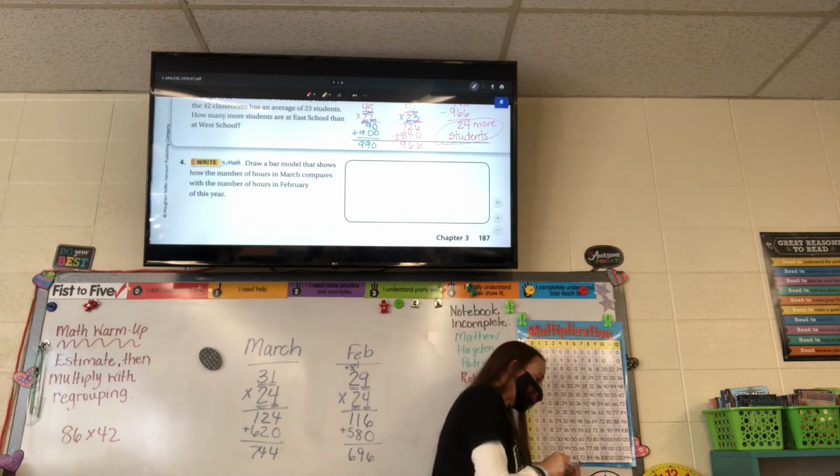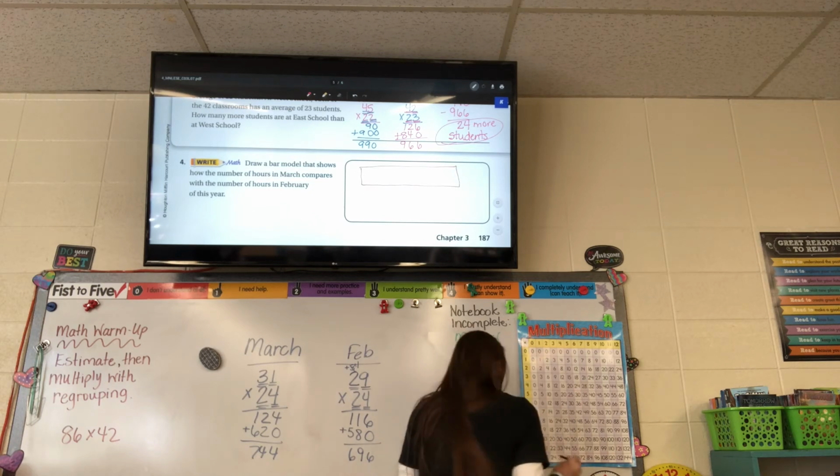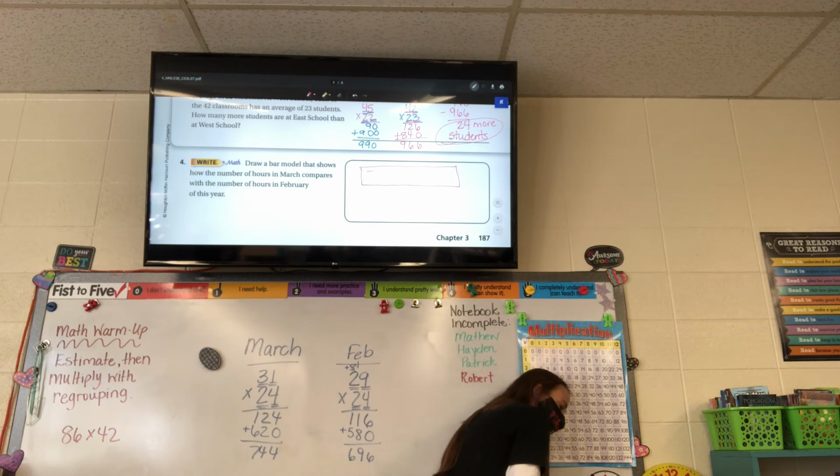Now the whole problem said to draw a bar model to compare them. So we're going to draw a bar model like this, and this is going to say 744 hours. This will be for March. And then we're going to draw a shorter rectangle that will have 696 hours for February.